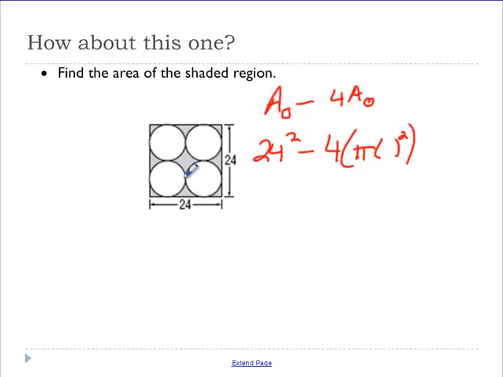If the entire length across is 24, that means the diameter of each one of these circles is 12. If the diameter is 12, that means the radius is 6. So 6 squared is 36. Let's multiply that by 4. This is 144 pi. And 24 squared gets you 576.